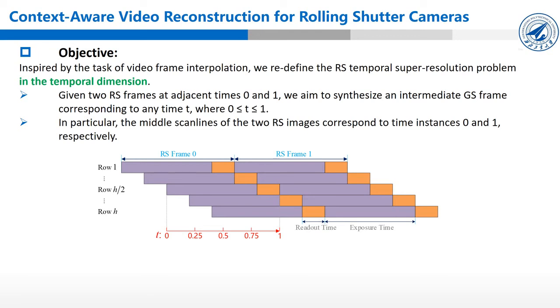Given two rolling shutter frames at adjacent times 0 and 1, we aim to synthesize an intermediate GS frame corresponding to any time t, where t is greater than or equal to 0 and less than or equal to 1. In particular, the middle scanlines of the two rolling shutter images correspond to time instances 0 and 1, respectively.